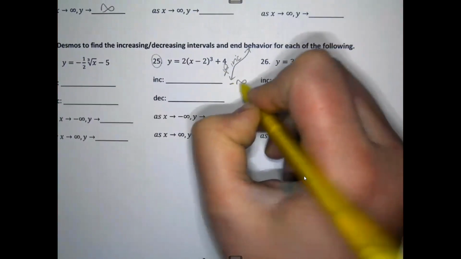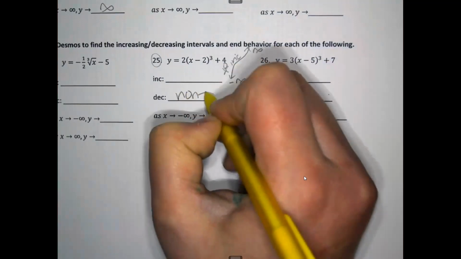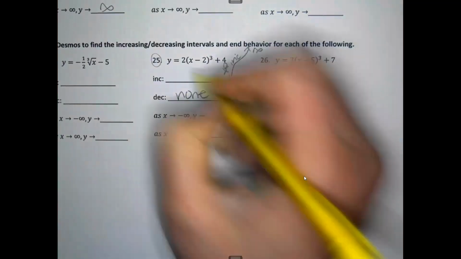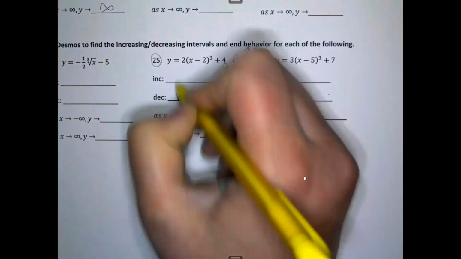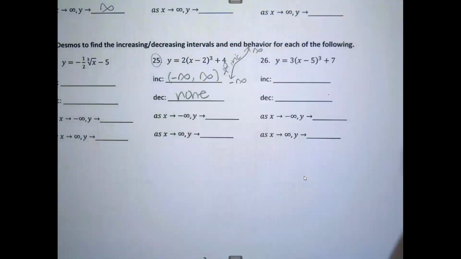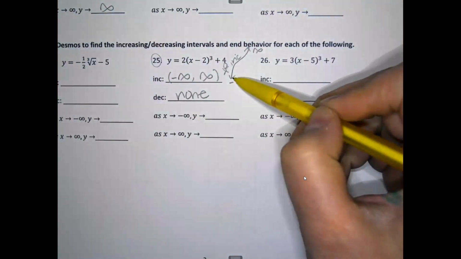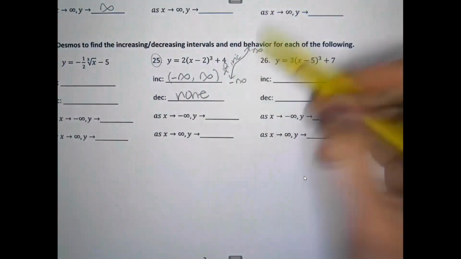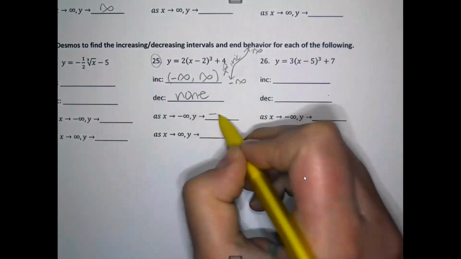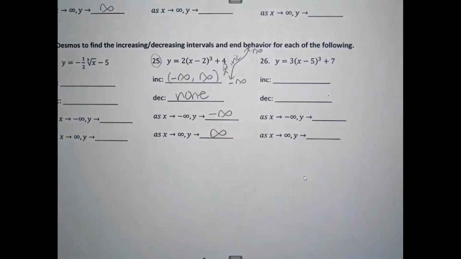So from negative infinity to positive infinity. So for decreasing, I'm going to say none. And then for increasing, I'm going to say negative infinity to positive infinity. The left arrow is pointing down. The right arrow is pointing up.